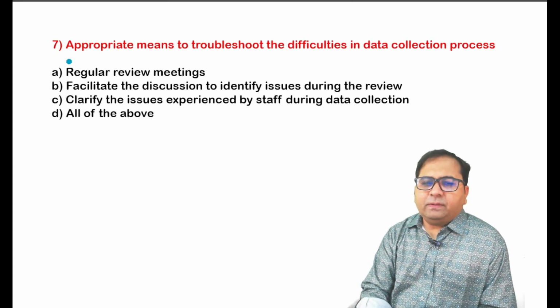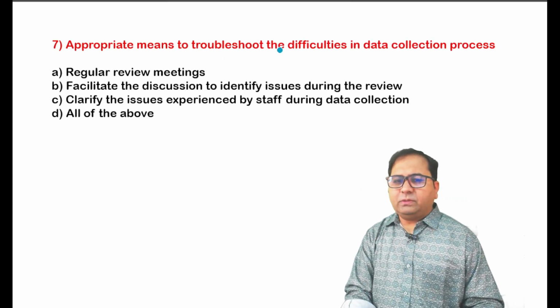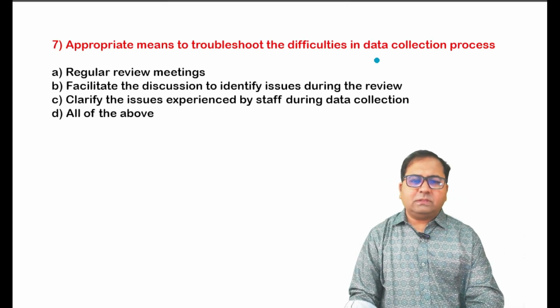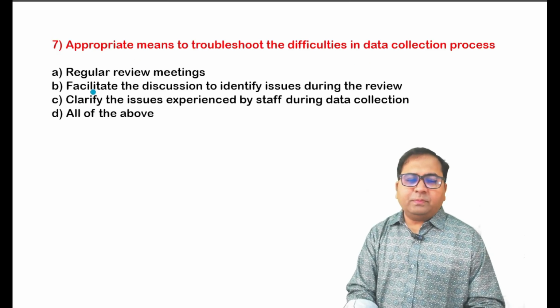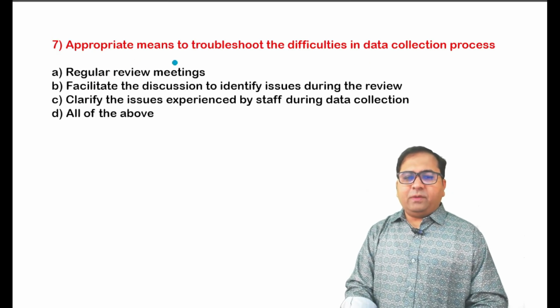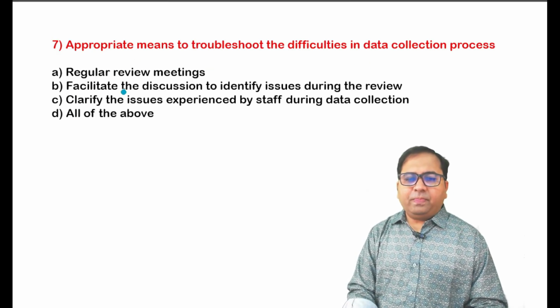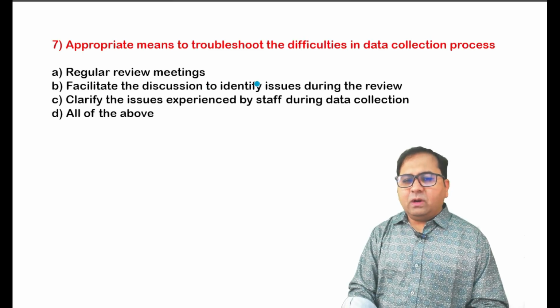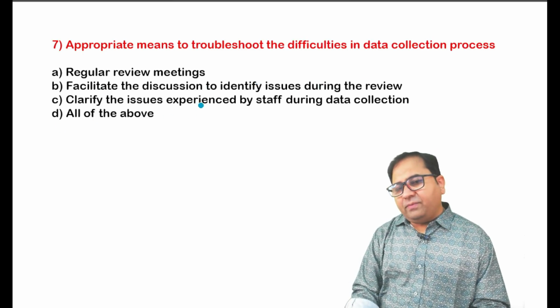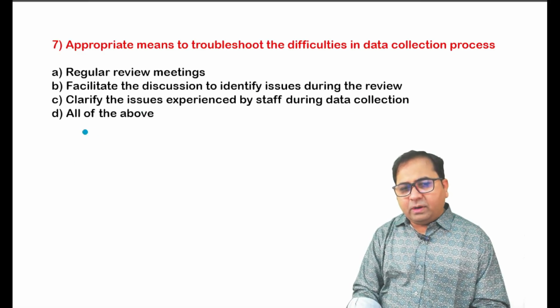Let us see the next question. Appropriate means to troubleshoot the difficulties in data collection process. What are they? The options are A. Regular review meetings, B. Facilitate the discussion to identify the issues during the review, C. Clarify the issues experienced by staff during data collection, or D. All.